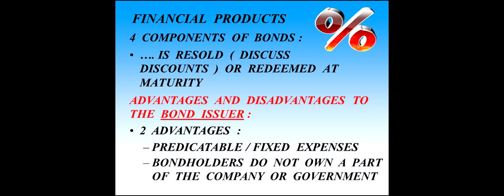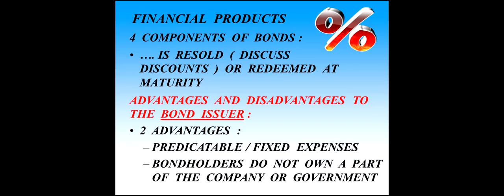The second advantage is that bondholders do not own part of the company or the government. Well, you can make an argument that if you're a citizen and you buy a government bond, you, as a citizen, own part of your government, certainly. And this is a more important advantage from a corporation standpoint.